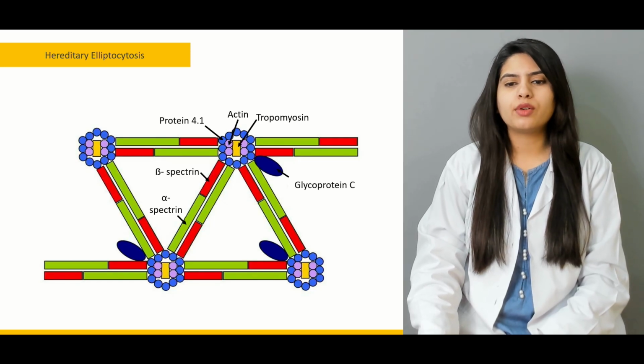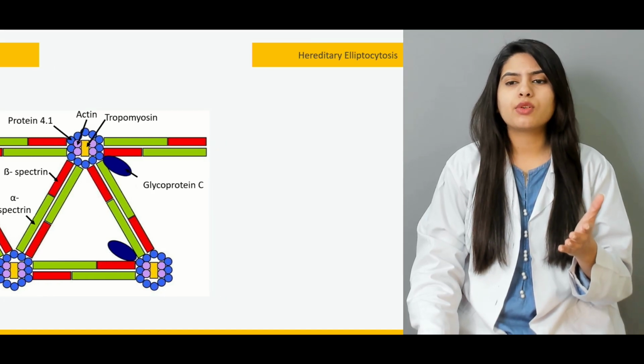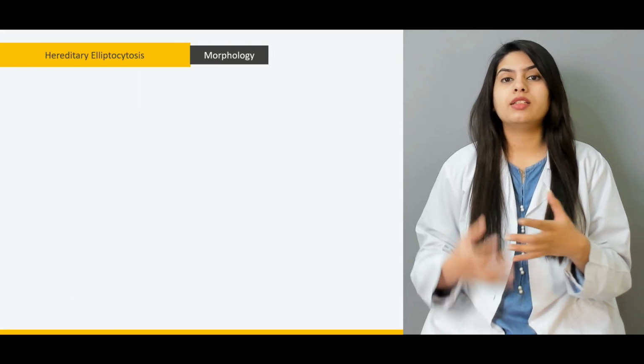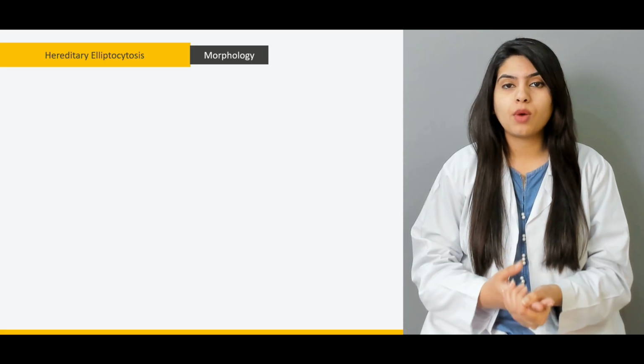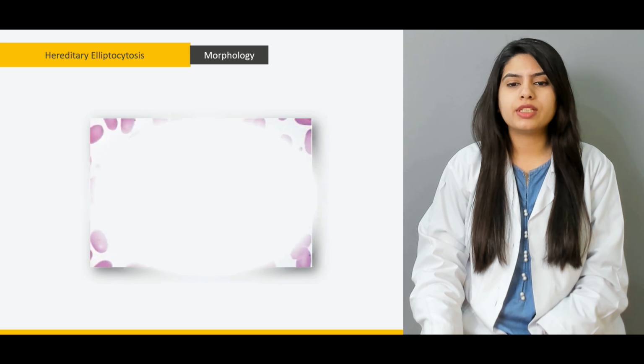Tropomyosin is also part of this cytoskeleton of the red blood cell. This hereditary elliptocytosis is mostly autosomal dominant, and it causes a mild normocytic anemia.